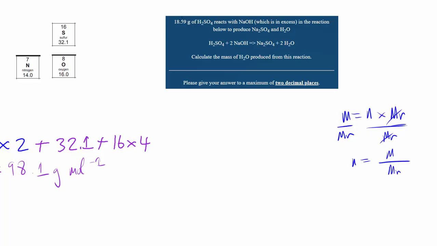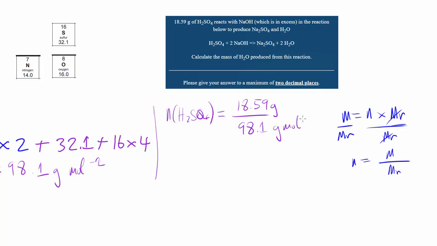As we discussed, we're going to need to divide 18.59 by this value. So now we're looking at the number of moles of H₂SO₄. That's going to be equal to 18.59 grams divided by 98.1 grams per mole. I invite you to have a go and calculate that.